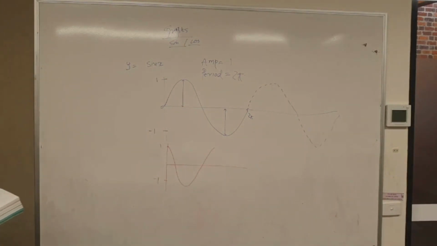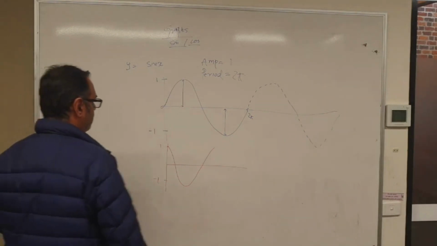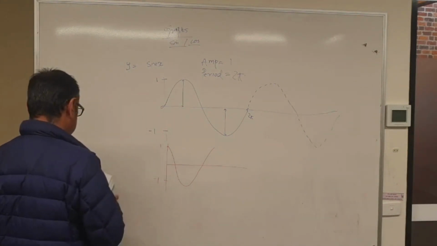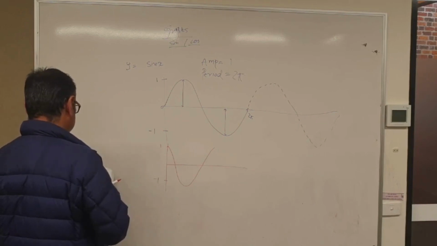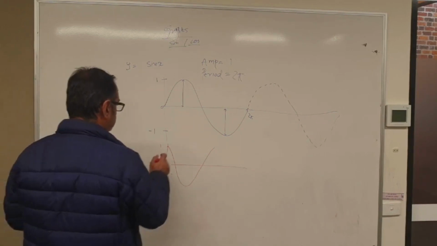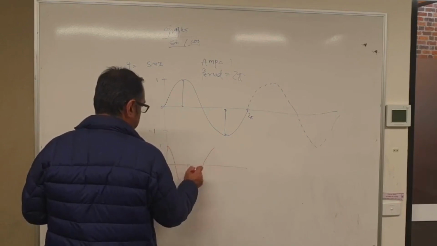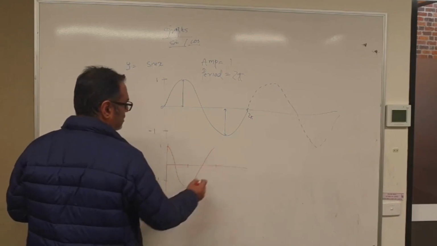Is this repeated? Yes or no? Is this right or wrong? Who's telling me? It looks right. So this is 2 pi.